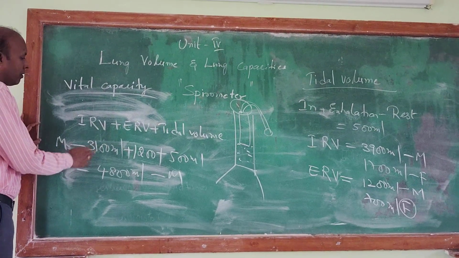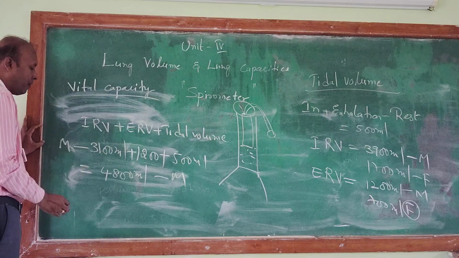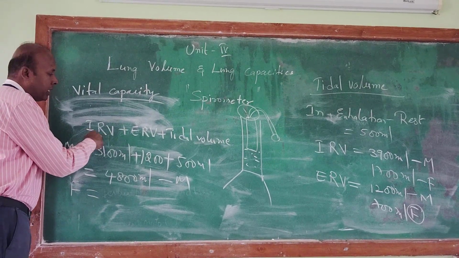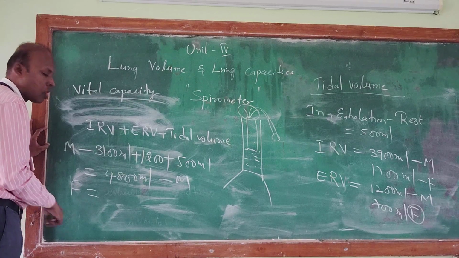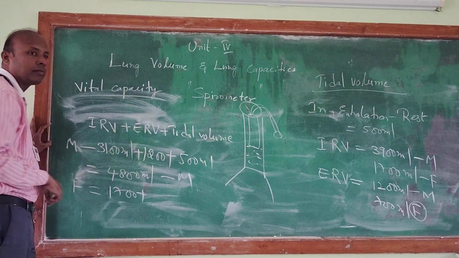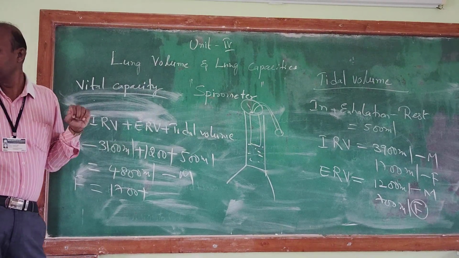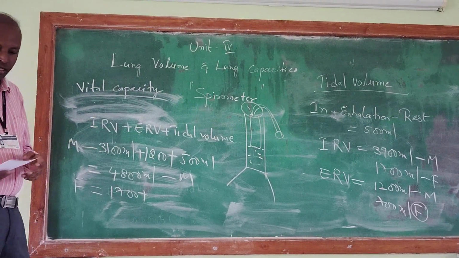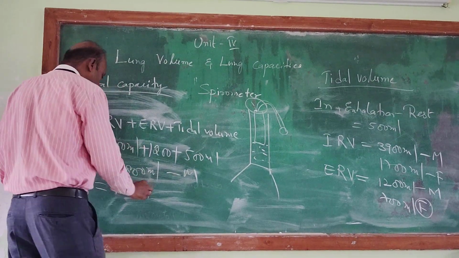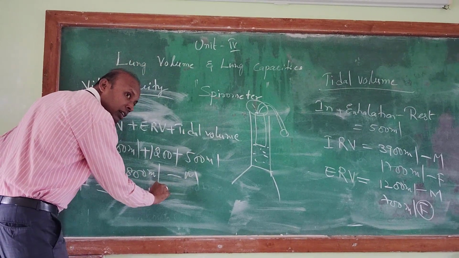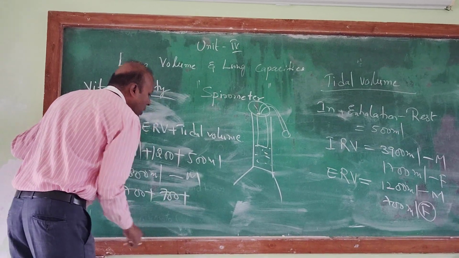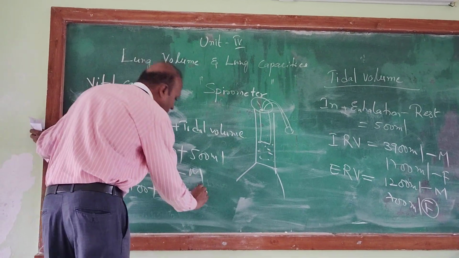The same formula applies in females. The IRV is 1700 ml, plus the ERV 700, plus tidal volume 500.